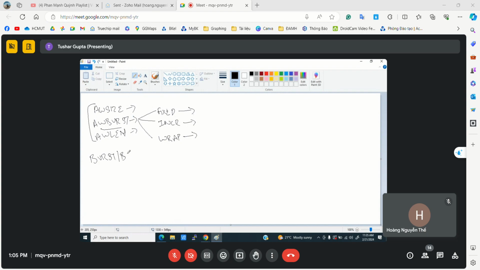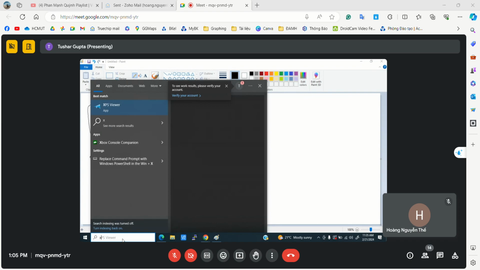There is sometimes confusion about what a burst is and what a beat is. So I'll open an XLS sheet, I think that will be better.